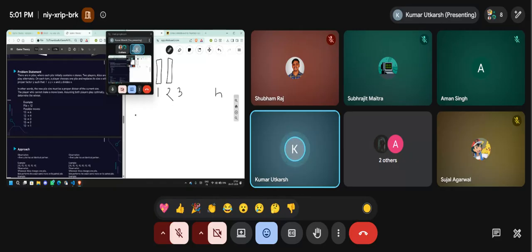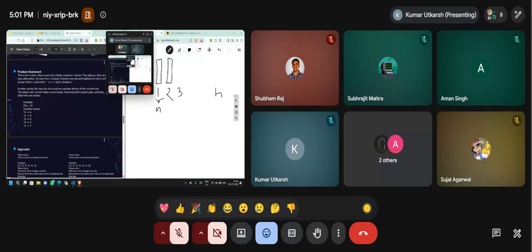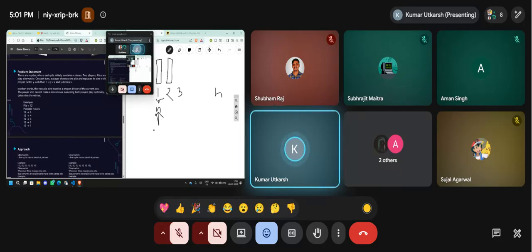What we have mentioned here is a similar type of question based on the same logic. It says that from a pile of height m, we take a factor and replace the height with it.